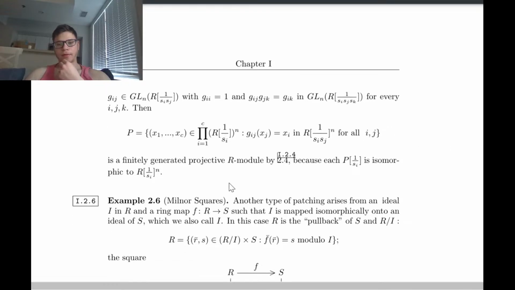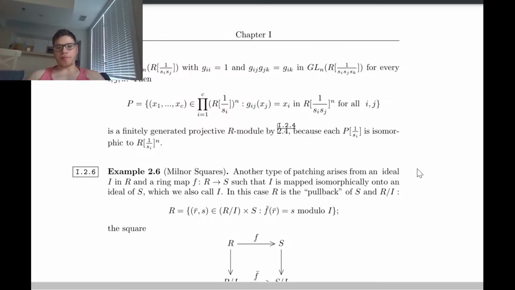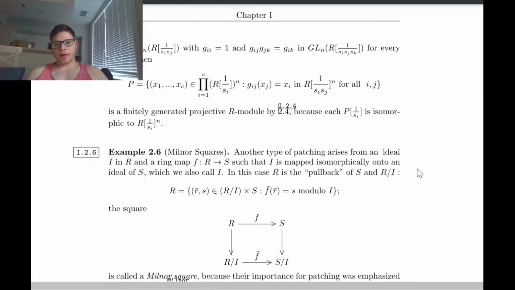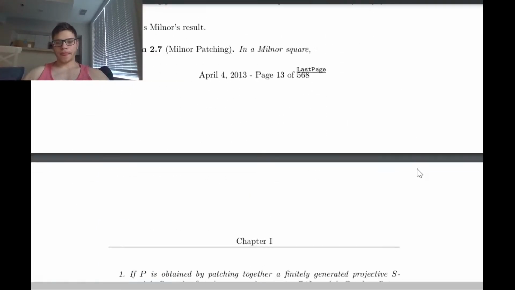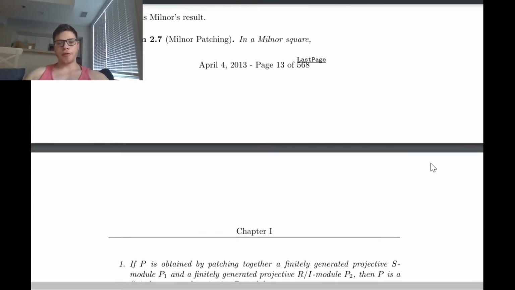Okay. I'm not sure why you need to do this patching, but I'm not going to get into it. Oh, and this is Milnor patching. Yes, but I don't think I need to get into this right now. Yeah, Milnor patching. This is different from the stuff that I do in field patching, though.